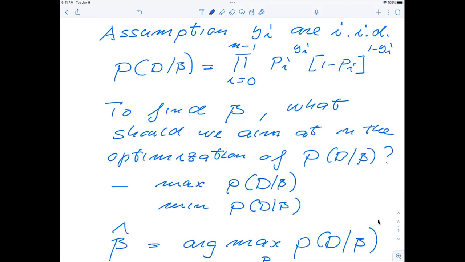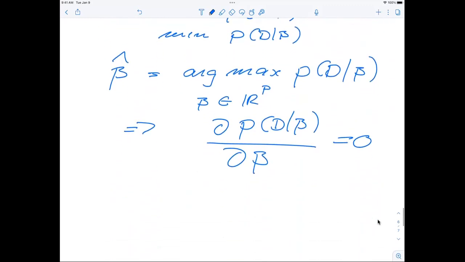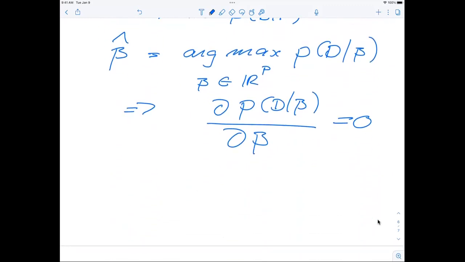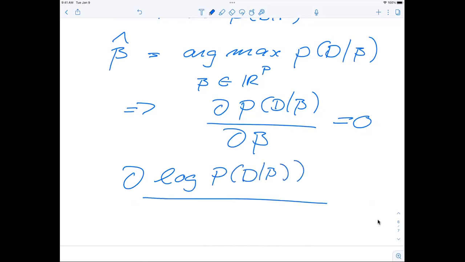And the log turns the product into a simple additive function, and then it's much easier to calculate the derivatives. So we would now calculate the derivative of the log of P of D of beta with respect to beta.